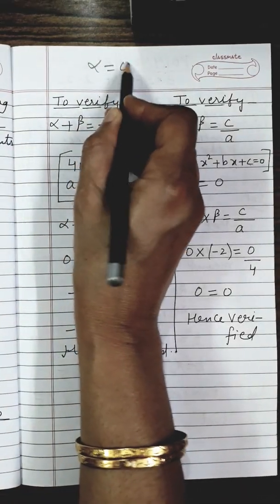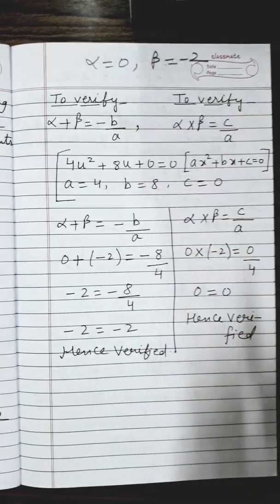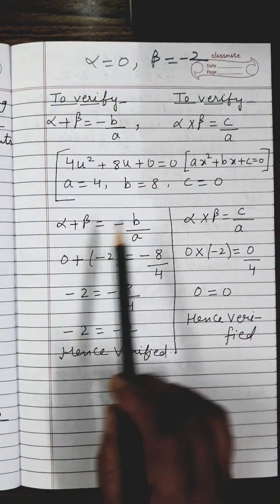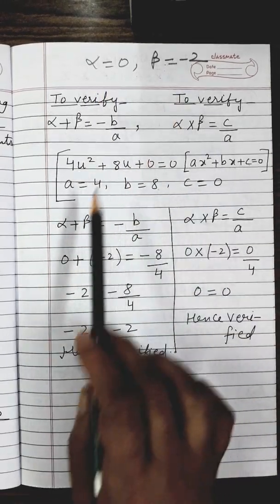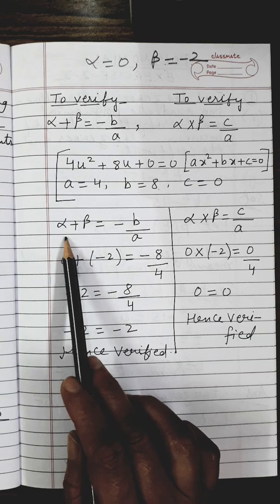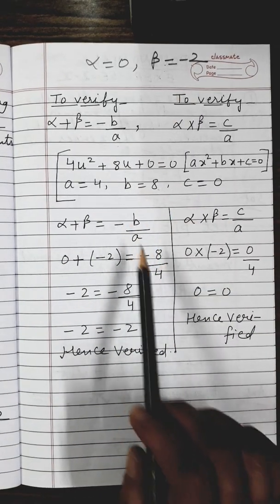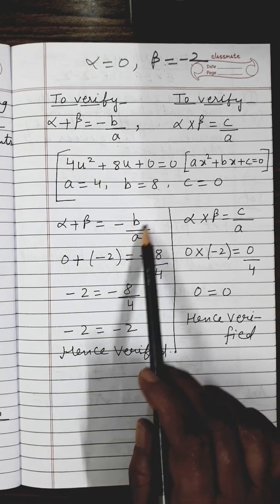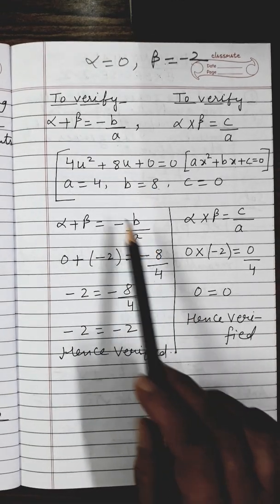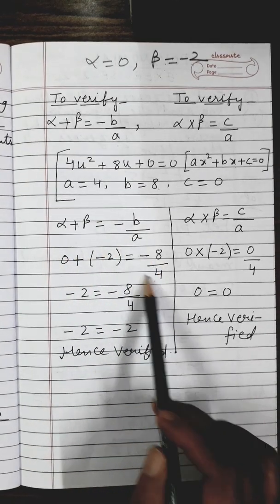So I substitute the values of alpha, beta and a, b, c. Put alpha as 0, beta is minus 2, equals this minus is of the expression itself, b is 8, so write down 8. a is how much? 4. Now keep on solving the left side and the right side.